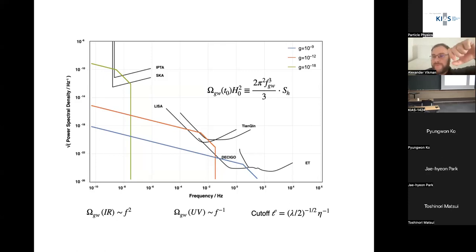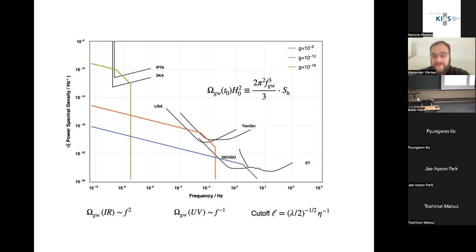And that's our first difference with respect to constant domain wall, because our cutoff moves with time. So that requires a bit more investigation. But there is a sharp cutoff, okay? It's because, of course, this domain wall network doesn't emit gravitational waves on scales shorter than the thickness of these domain walls. And our domain walls are getting fatter and fatter.